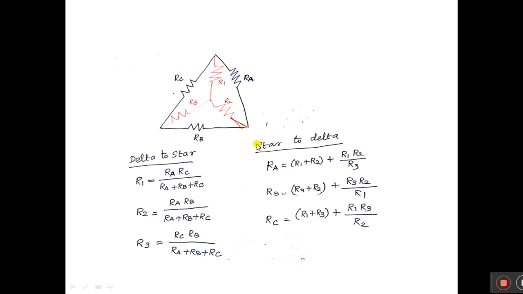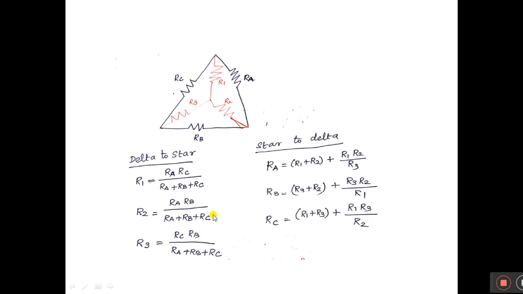The outer wing is delta, the inner wing is star. From delta to star, if I want R1, you directly multiply RA into RC, then divide by the summation of all the resistors, RA plus RB plus RC. Similarly, R2 is RA into RB divided by RA plus RB plus RC. To calculate R3, RC into RB divided by RA plus RB plus RC.